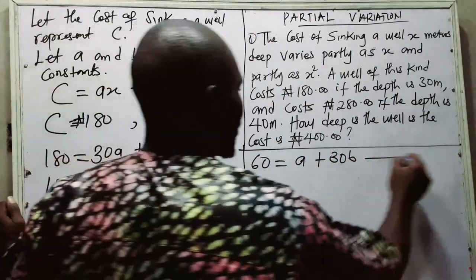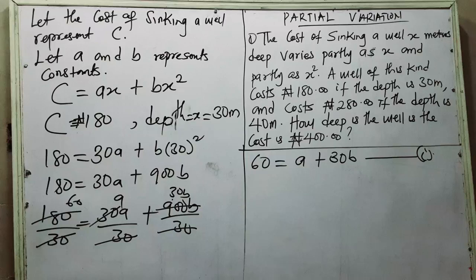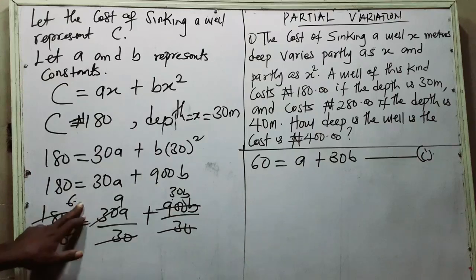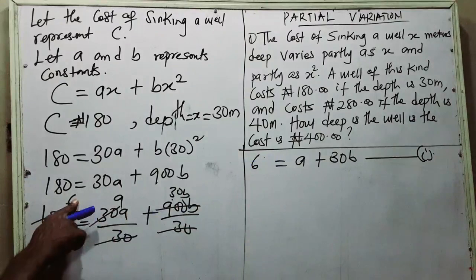So let me re-explain this equation very well. When we divide 180 by 30, we have 6.